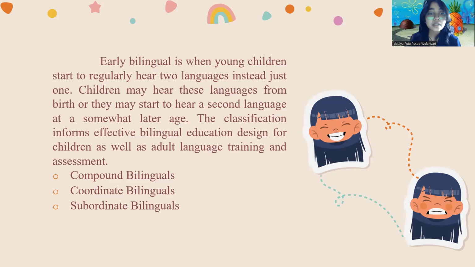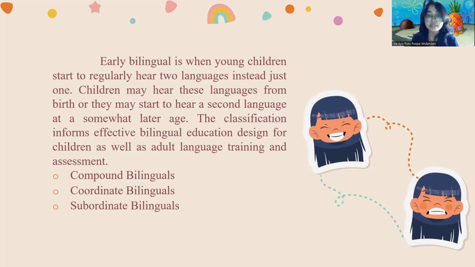All right, the early bilingual is when the young children start to regularly hear about the two languages instead of just one. The children may hear these languages from birth, or they may start to hear a second language at a somewhat later age. And the classification informs effective bilingual education designed for the children as well as adult language training and assessment.